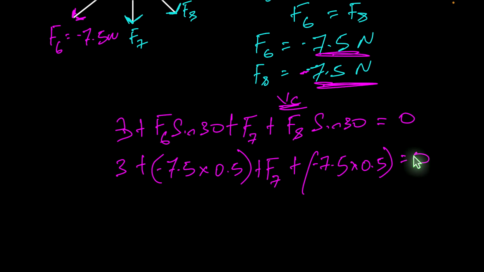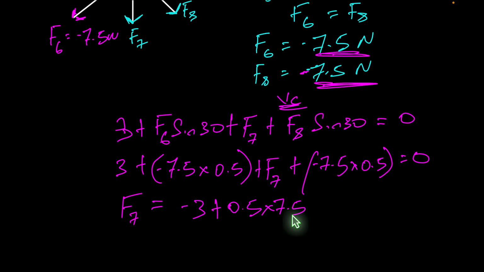So let's simplify this equation then, and we can say now that F7 will be equal to all of this minus 3, and I'm just going to write in these as the inverse as we go, plus 0.5 times 7.5, so notice that that's positive now, and plus 0.5 again times 7.5.